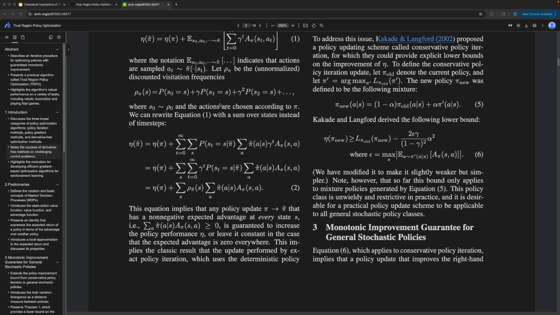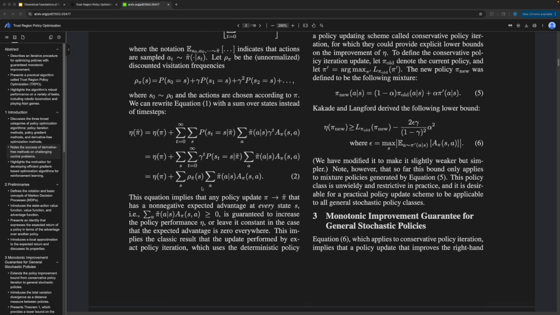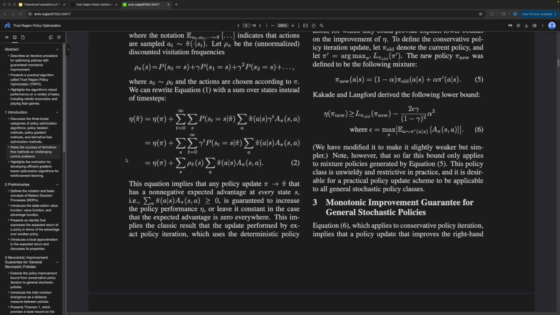So we replace it with this discounted visitation frequency, and now we can see that the difference in performance between policy pi tilde and pi is the summation over all s of rho pi tilde of s, the probability that on a steady state you are at state s, times the summation over all a of pi tilde, the probability of choosing that action at that state s, times the advantage A pi of s, a. Here the advantage is calculated with your policy pi.